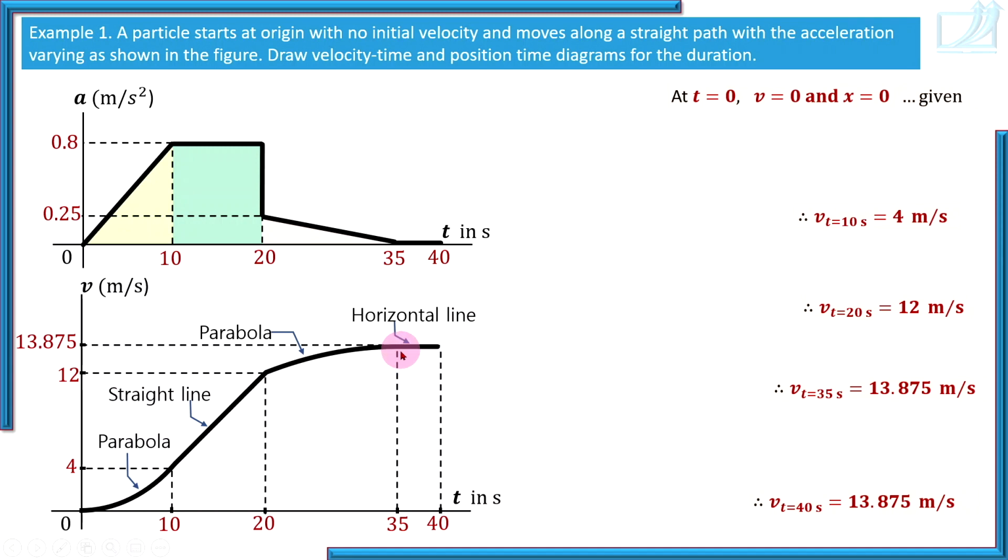If you don't label this portion as a horizontal line, one may think that it is a continuation of this parabola. But this portion of the curve is not a parabola, it's a horizontal line. How come this curve is a parabola? I'll explain that a little later. But right now remember, you will have to label these curves.